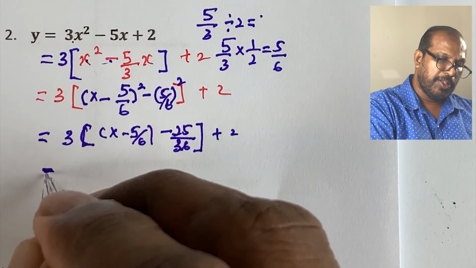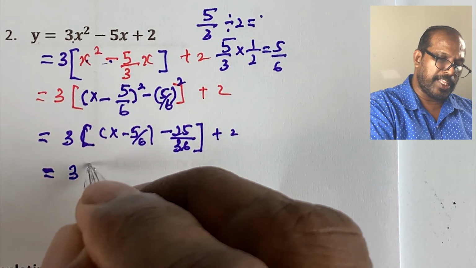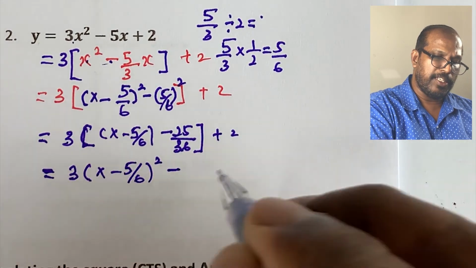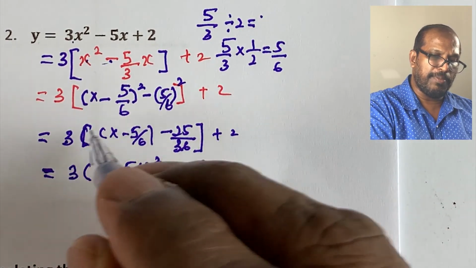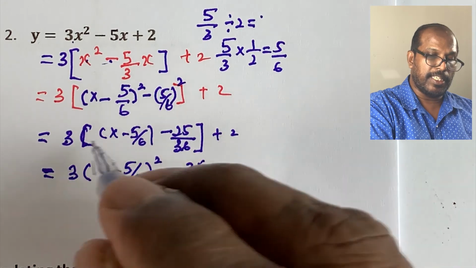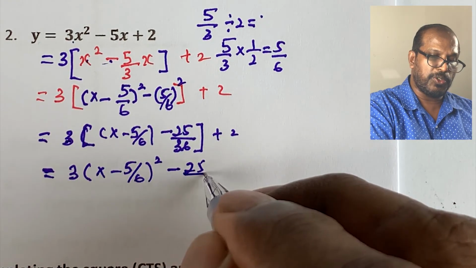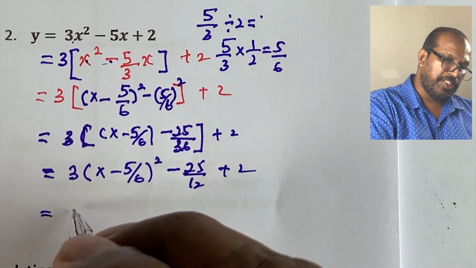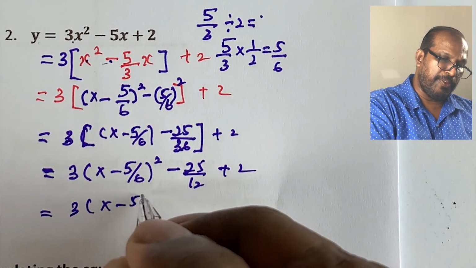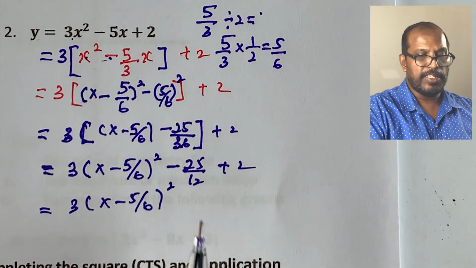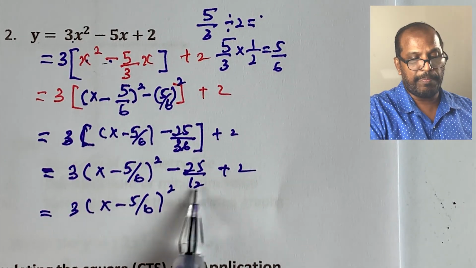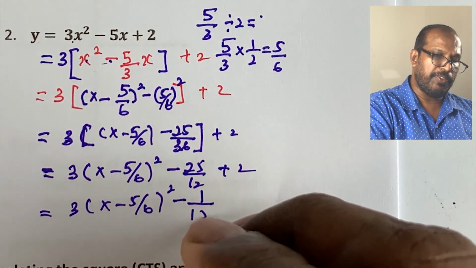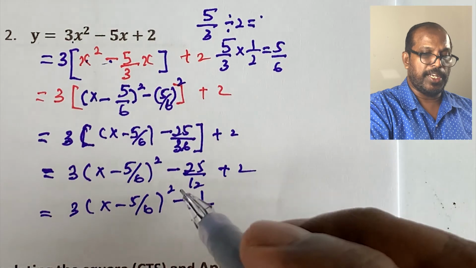This equals 3 times x minus 5 over 6 squared, minus 3 times 25 over 36, and 36 and 3 can cancel off, which gives you 25 over 12, plus 2. So now what we got is 3 times x minus 5 over 6 squared. This negative 25 over 12 plus 2 is equal to negative 1 over 12. Use a calculator to calculate this part, so you get negative 1 over 12.